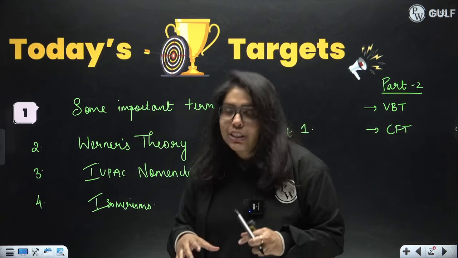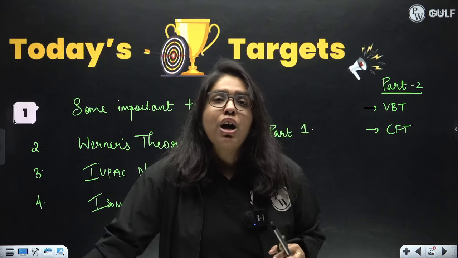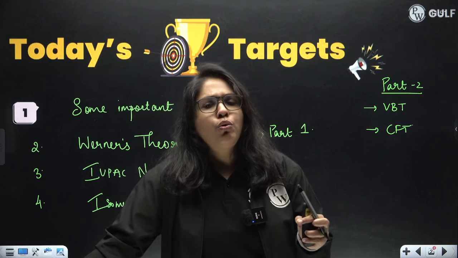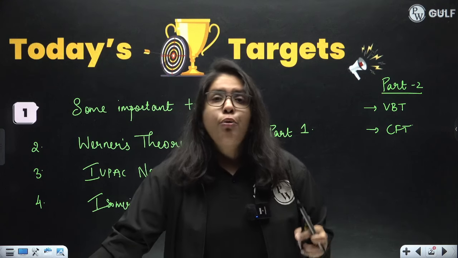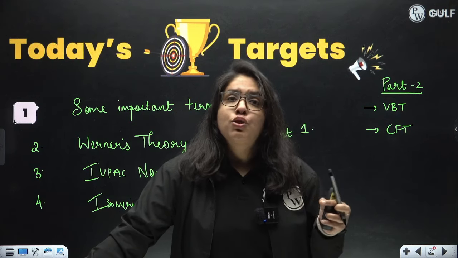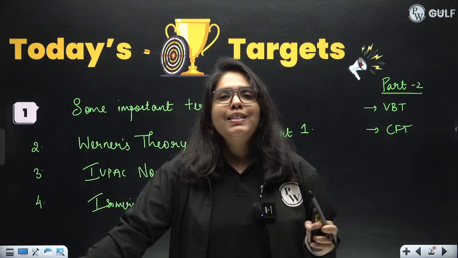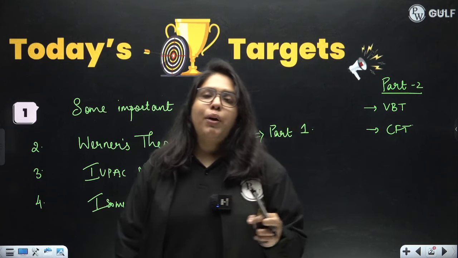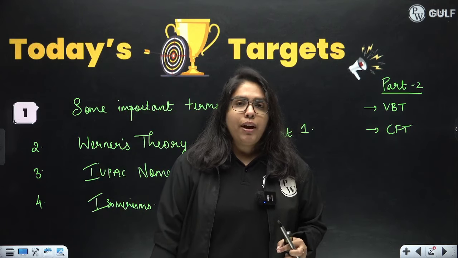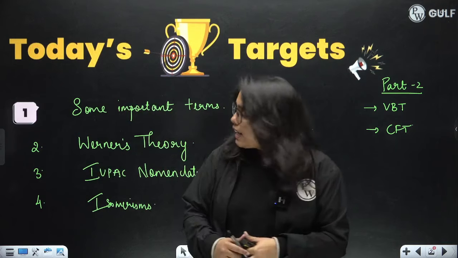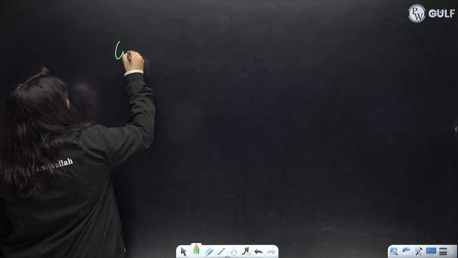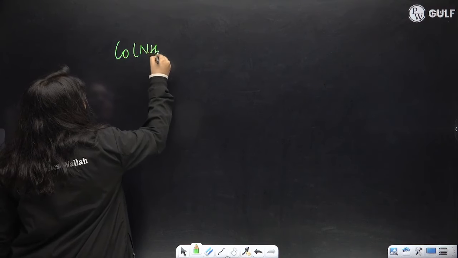So beta, coordination compounds are those compounds which are formed by the combination of two or more salts, which retain their identity in solid as well as liquid state. So for example, I can write a coordination compound like this.